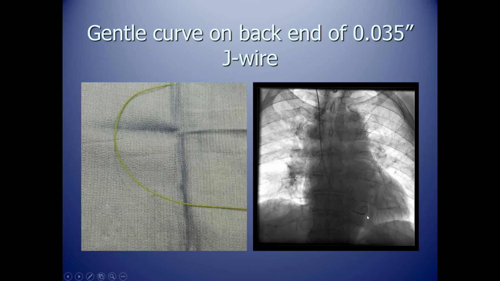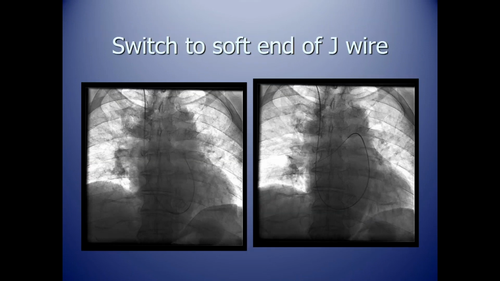I advance it through the pigtail catheter, not out the end hole, but really use it as a deflecting wire, and it courses nicely right into the right atrium, into the ventricle, and then with just a little pushing off of the wire, it's going to go into the pulmonary outflow tract. At that point, I'll switch back to the floppy end of the J wire once I get my main pulmonary artery pressure, and then I'll course the catheter directly into the right or the left, whichever way it goes.